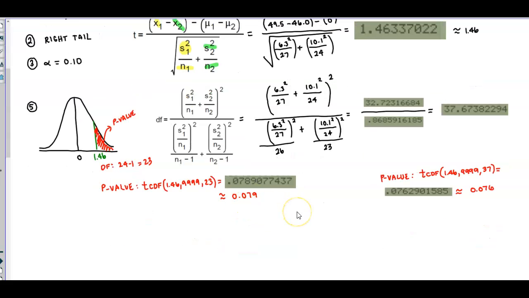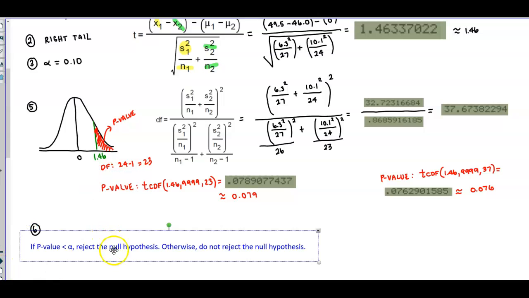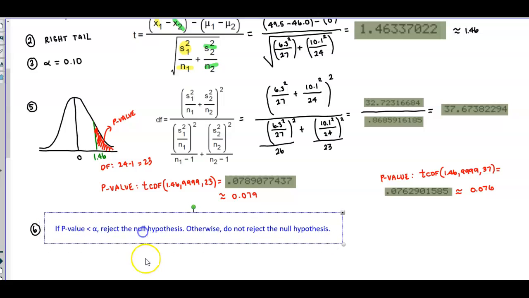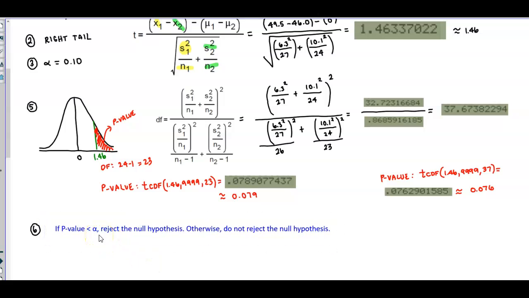Okay, now that we found the p-value, we want to compare it with the significance level. Remember that if the p-value is less than alpha, then reject the null hypothesis. Otherwise, do not reject the null hypothesis. Let's take a look at the p-value that we found versus alpha.